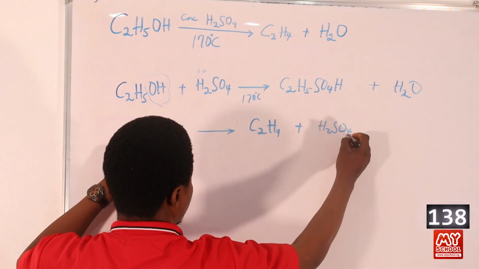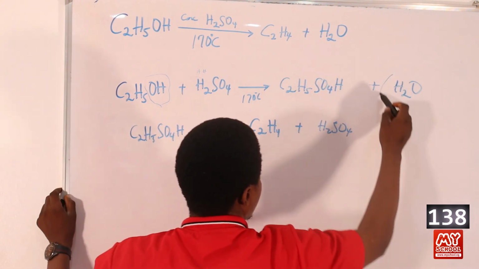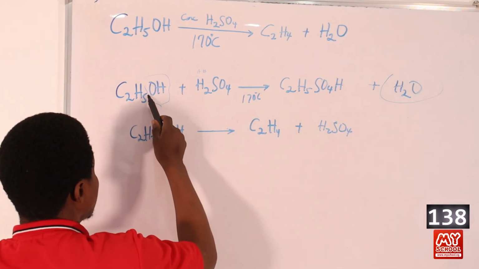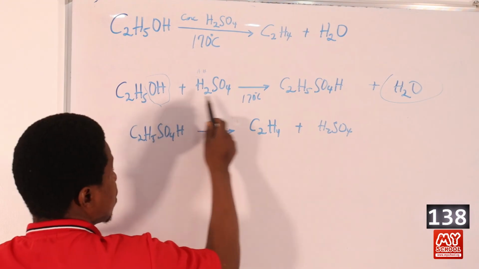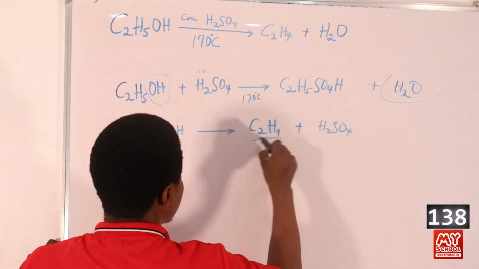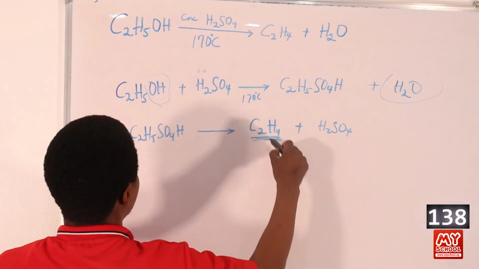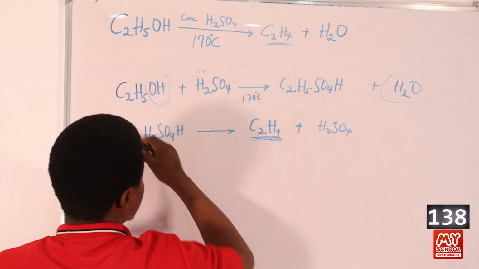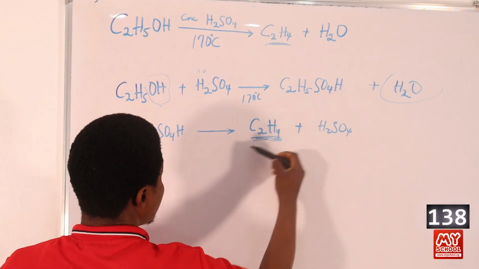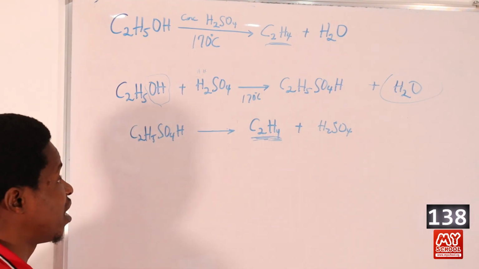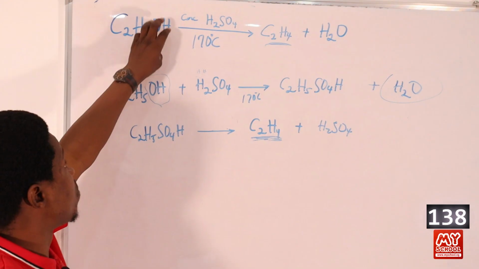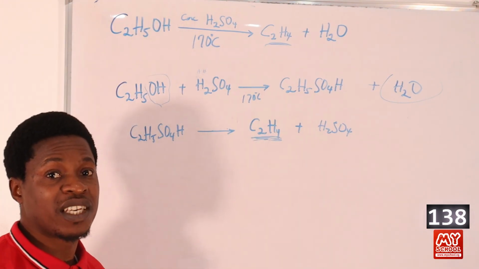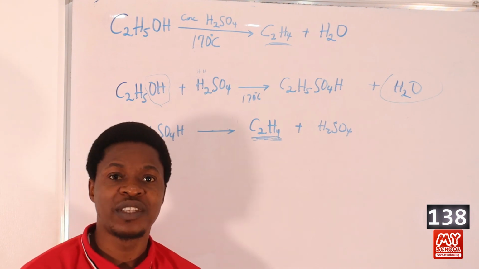So in other words, a molecule of water was removed, was dehydrated from this. Ethanol became dehydrated to form ethylene, what we call ethylene or ethene. So I just wanted to show what happens for us to have this C2H4, which is ethene. So a water molecule was removed from this to form this. When there is removal of a water molecule from a compound, we call that dehydration.